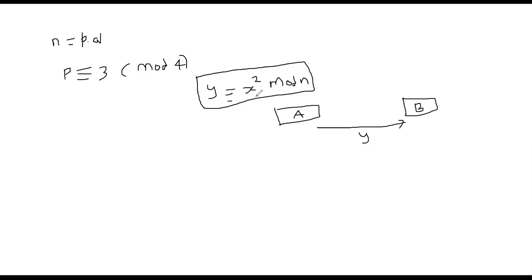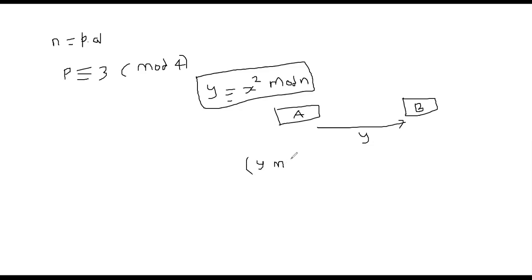Okay, so how is Bob going to do that? Bob is going to apply the concept we talked about in the previous segment. He knows p and q. So all he is going to do is first take the y and project it to the mod p group and mod q group.